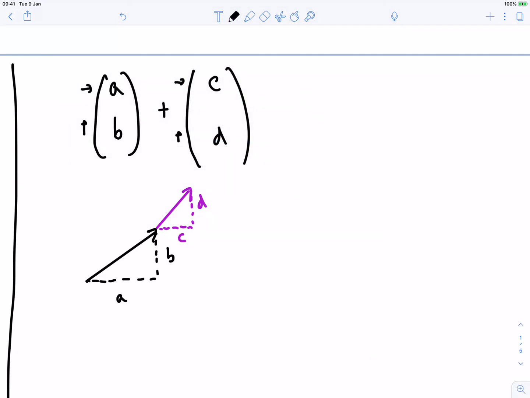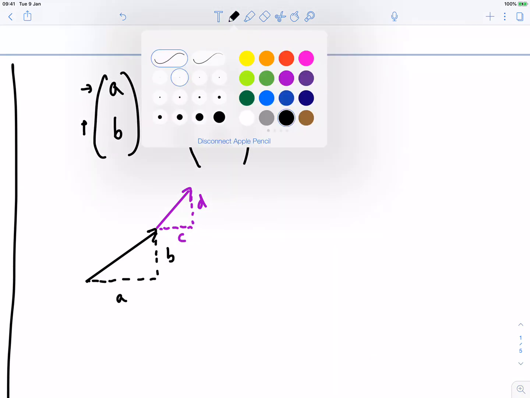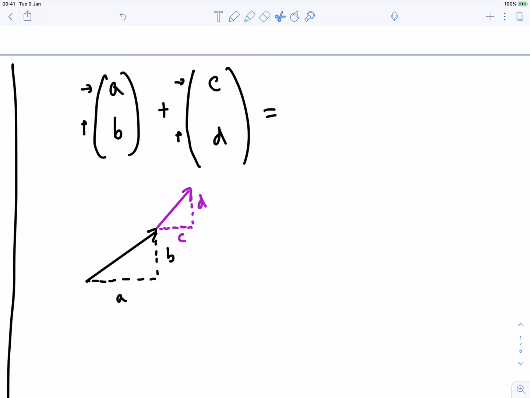And now I'm claiming the net result, so there's the purple one, is just if you were to add them row by row. So on the top row, you've got A plus C, and on the bottom row, you've got B plus D. And I'm saying that red vector is the same as if we started at the beginning and ended at the end, like so.